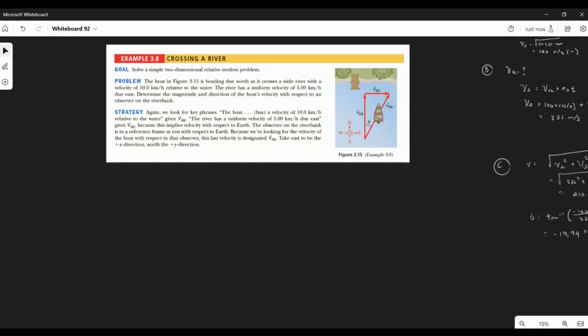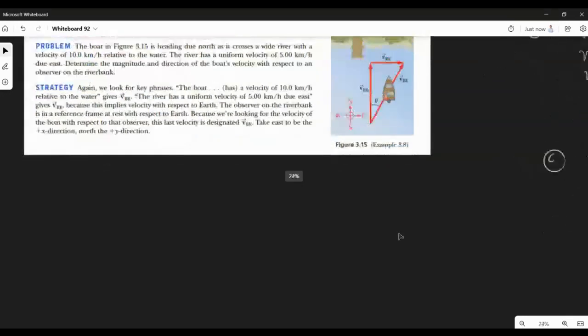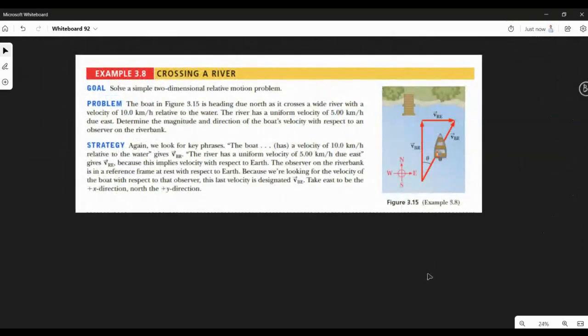So this is relative velocity, right? In this question, again, it's two dimensions, meaning the motion is happening in two directions. The boat, which we talked about before, is heading north as it crosses a wide river with a velocity of 10 kilometers per hour relative to the water. The river itself has a velocity of 5 kilometers per hour due east.